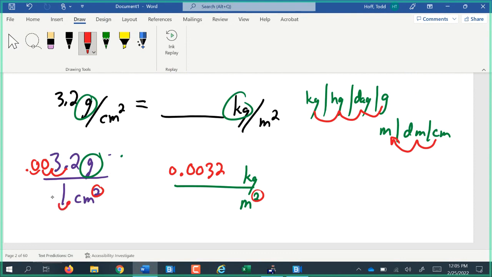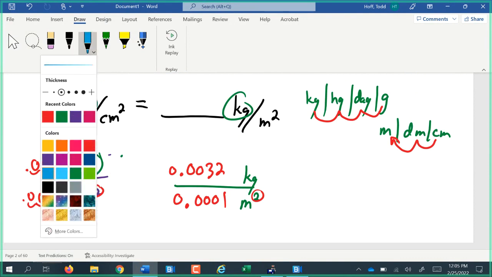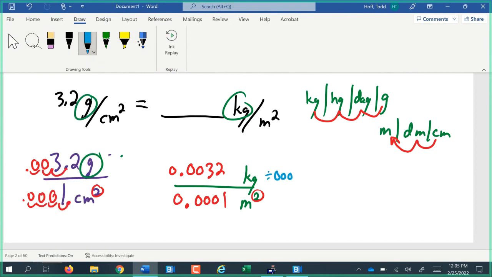We go 1, and then we have to add zeros to go 2, 3, and 4. So this is 0.0001 meters squared. And now as we divide this out, 0.0032 divided by 0.0001 gives us 32 kilograms over 1 meter squared, or 32 kilograms per meter squared.